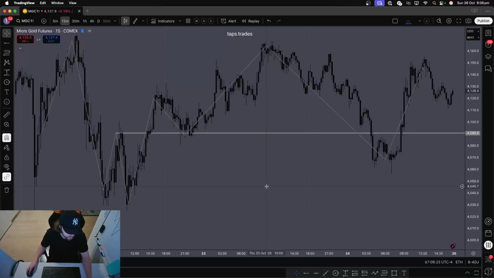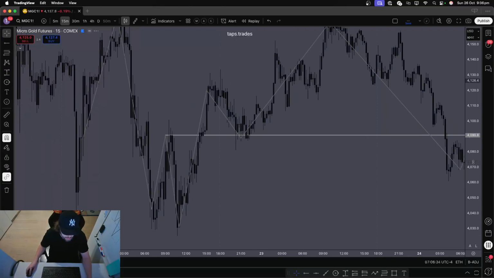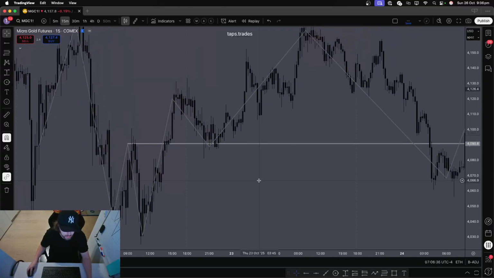Okay, so if we were to analyze the internal structure, say from this point onwards of the break of this previous lower high that we identified on the hourly chart, let's now draw out the internal structure. Let's draw that out now. Just get the Pathfinder tool. Where is it? Right here.